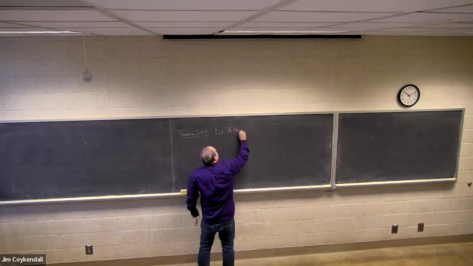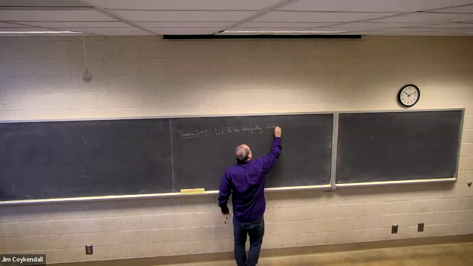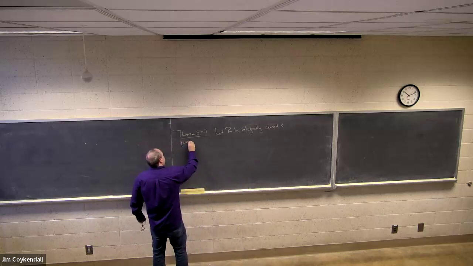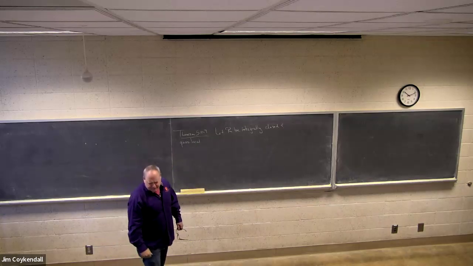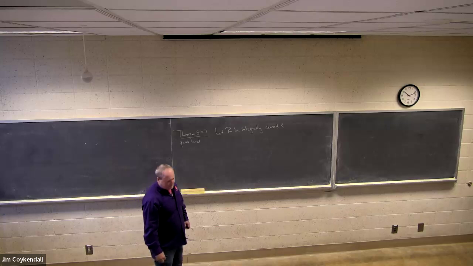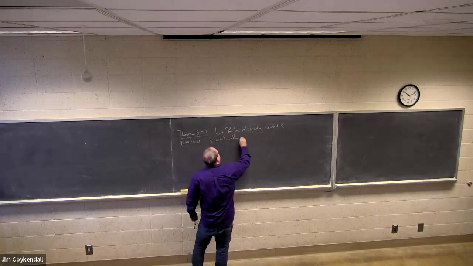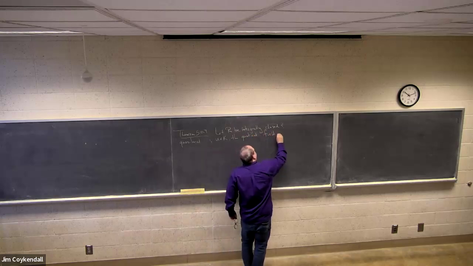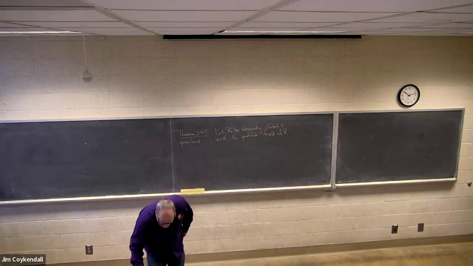Let R be integrally closed and quasi-local. So it's an integrally closed domain, and it's got a unique maximal ideal. And let U be an element of the quotient field.